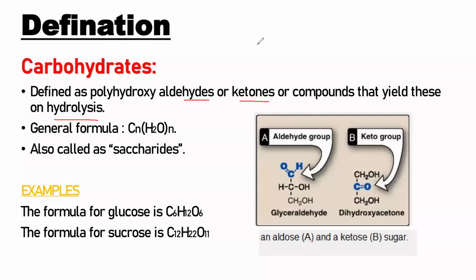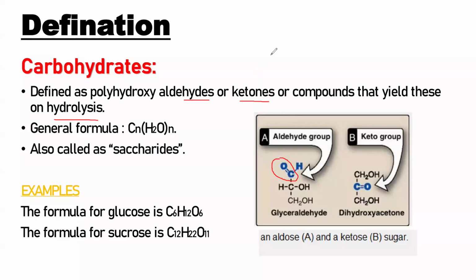What are carbonyl compounds? Carbonyl compounds are compounds that have a carbon to oxygen double bond. So whenever you see a compound having a carbon to oxygen double bond, such a compound in chemistry is called a carbonyl compound. Like here, look at it. We have a carbon to oxygen double bond, and that is why it's considered a carbonyl compound.